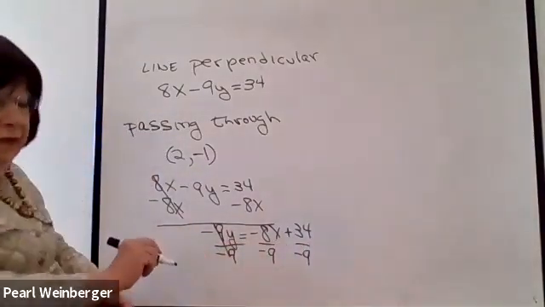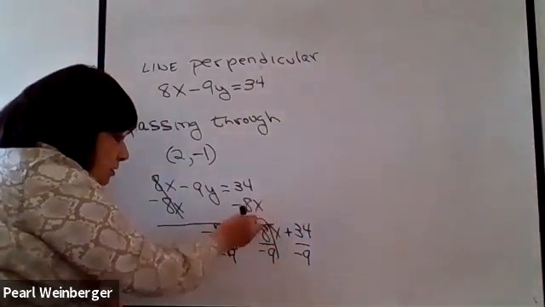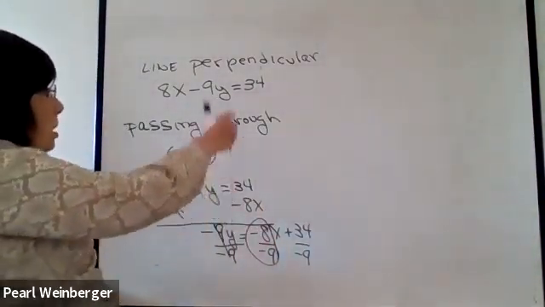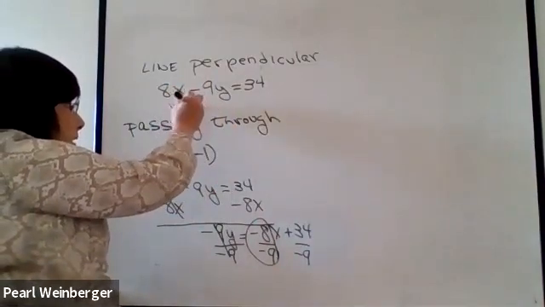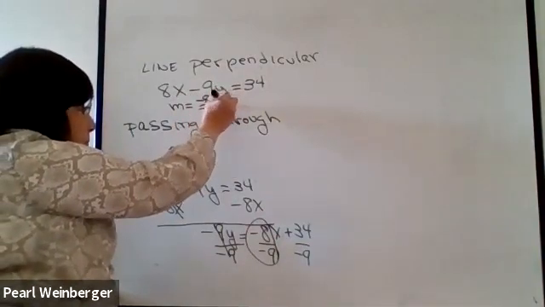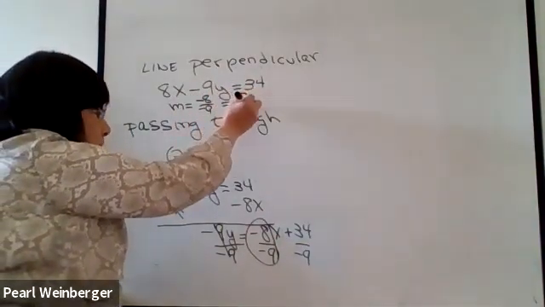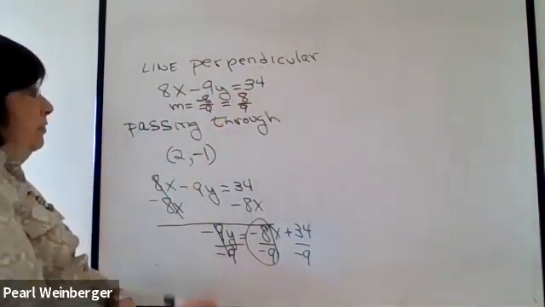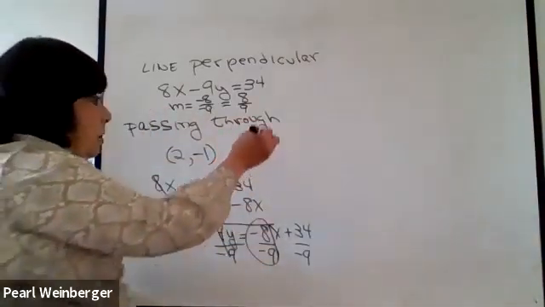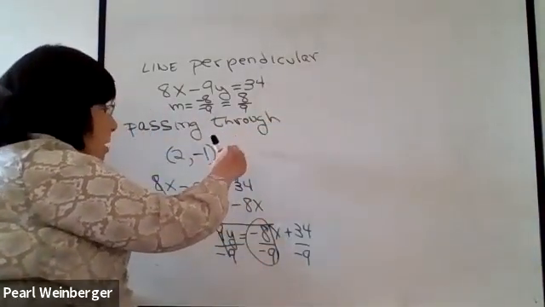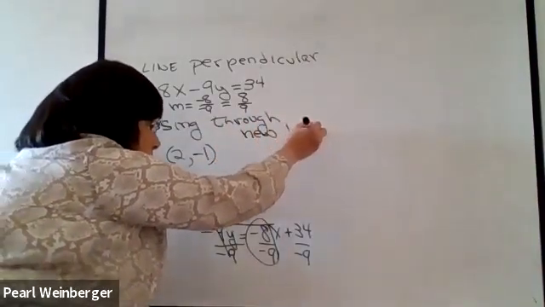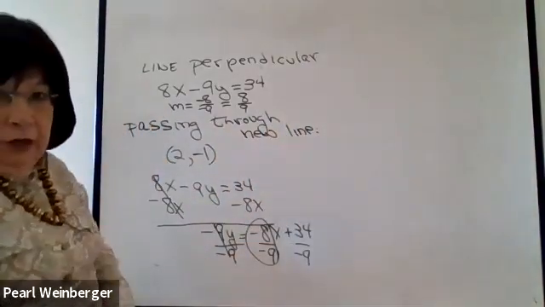And what we really have to concentrate on is the coefficient of the x. The slope of my original line worked out to be negative 8 over negative 9, which we simplify to 8 over 9 because a negative over a negative is positive. And therefore, for my new line, what is my slope going to be on my new line?